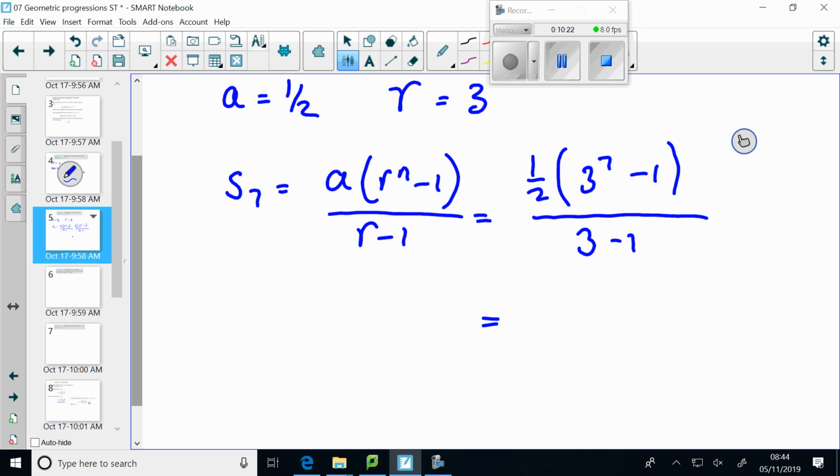Plug those numbers in your calculator. What do you get?